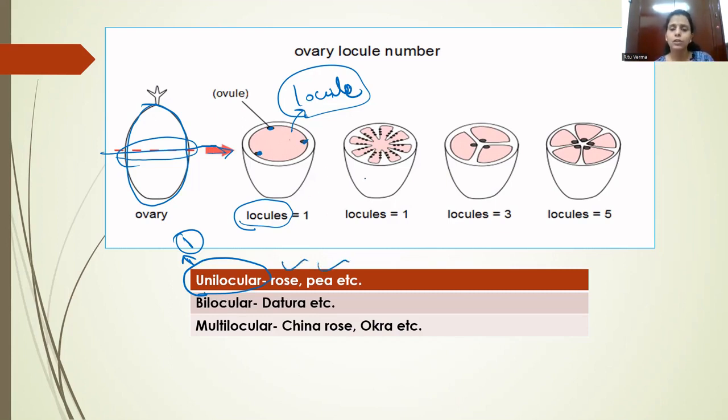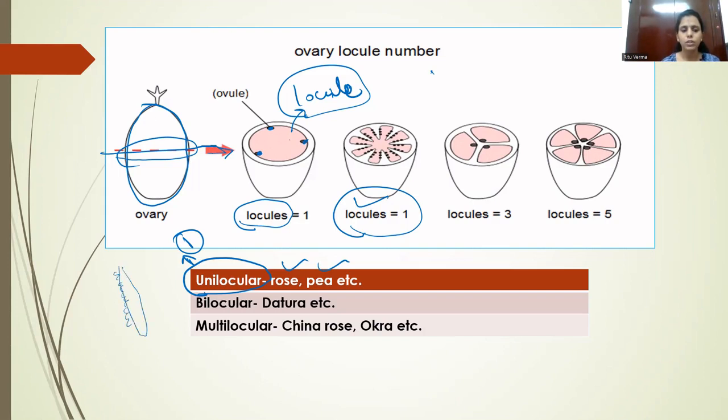The second picture also represents an ovary with one single locule, because all these locules are connected with each other, they're not separated. So this one is also a unilocular ovary. There are some ovaries in which we have, for example, tomato. When you cut a tomato, you can find seeds on two sides.